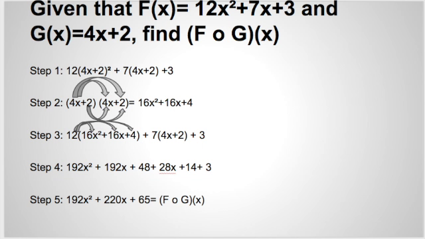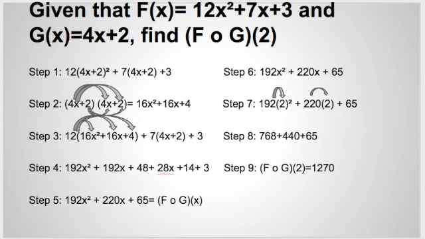And again, here's simple algebra from here on out. 32x squared plus 80x plus 50 plus 20x plus 25 plus 14. Your next step is just to combine like terms, and then that brings you to your step 5. 32x squared plus 100x plus 81 equals f of g times x.